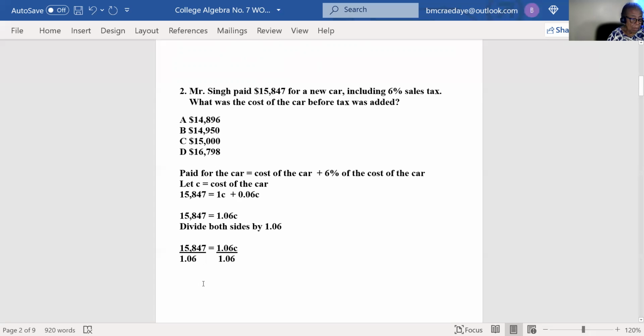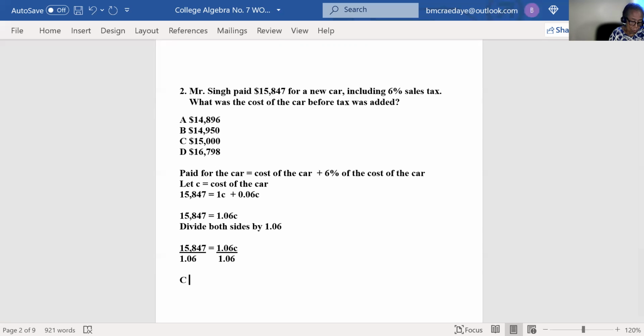The left side would be 15,847 divided by 1.06, and the right side, 1.06 C divided by 1.06, just gives you C. I'll put the C in the front.